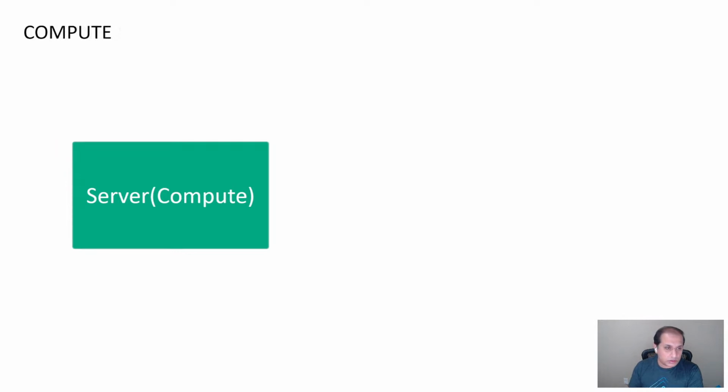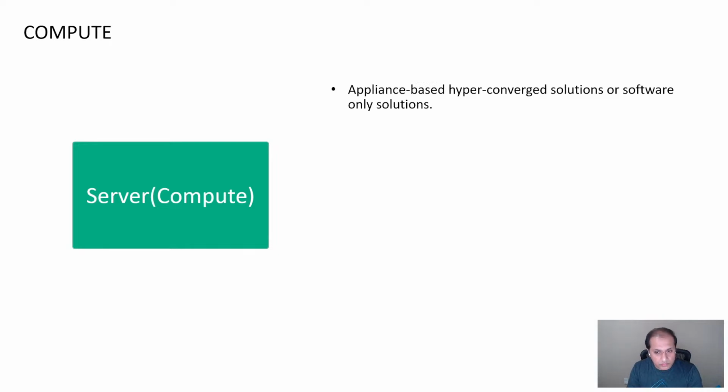Now, when it comes to HCI, these are the things for its specialization. I'll go through each of those three variables that we mentioned when it comes to compute. So there are appliance-based hyperconverged solutions and software-only solutions. What this means is that there are vendors who come up with a product where they have the server and also the software pre-installed on it.